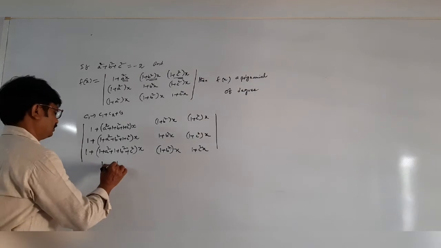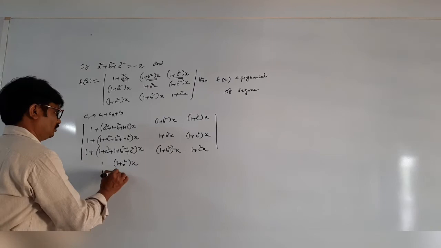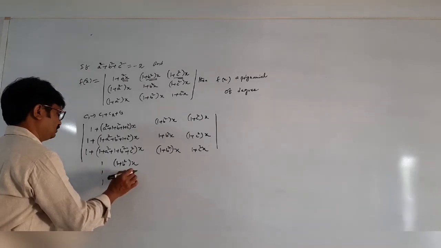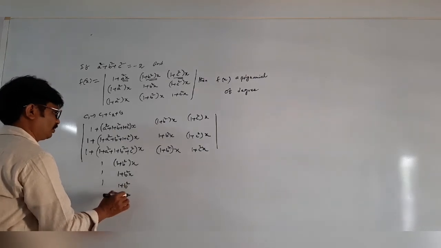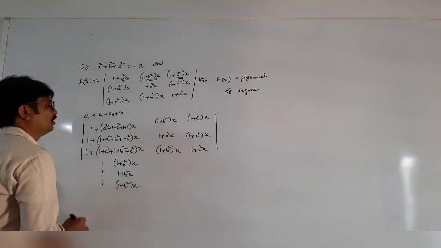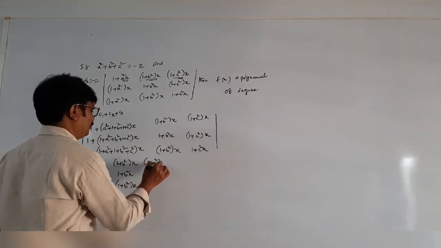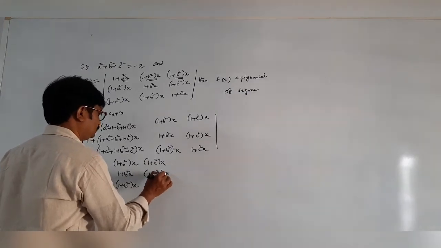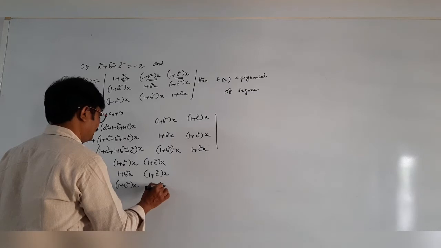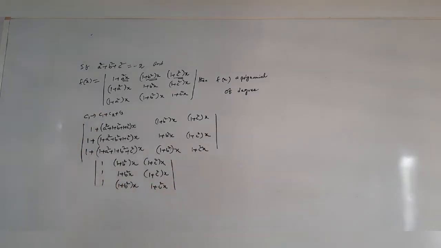Now the second column is 1 plus b² into x, and the next one is 1 plus c² into x. So, R1 minus R2 and R2 minus R3.